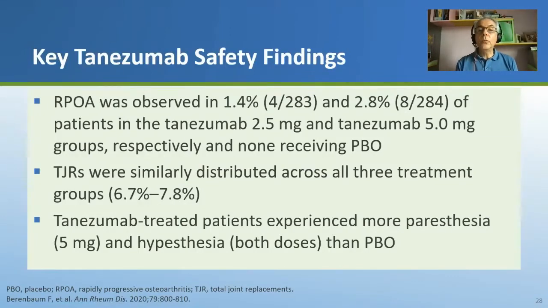And this hold was lifted thanks to the implementation of a mitigation plan, including lower doses of tanezumab, excluding patients with risk factors for RPOA, and restricting chronic concomitant use of NSAIDs while in the study.